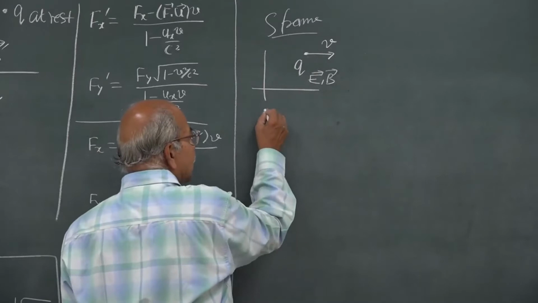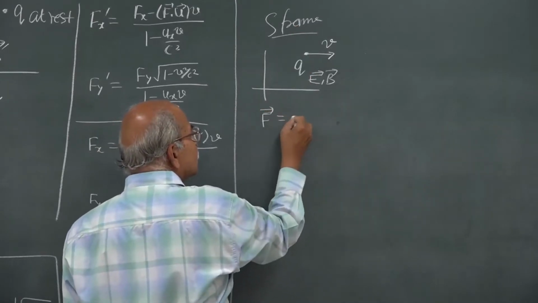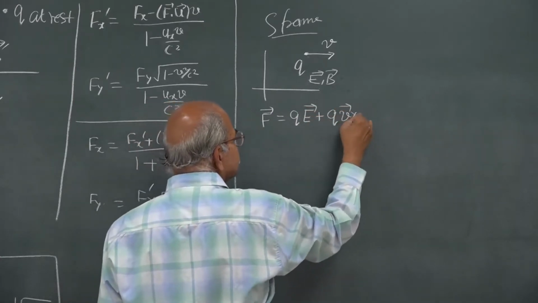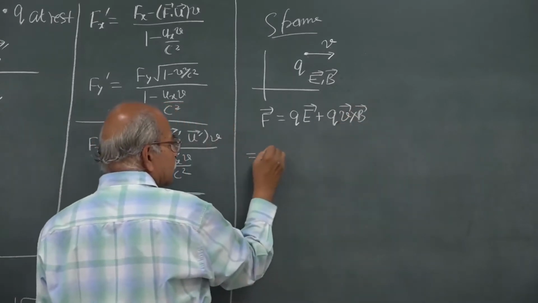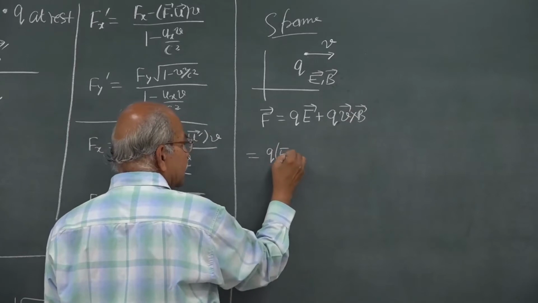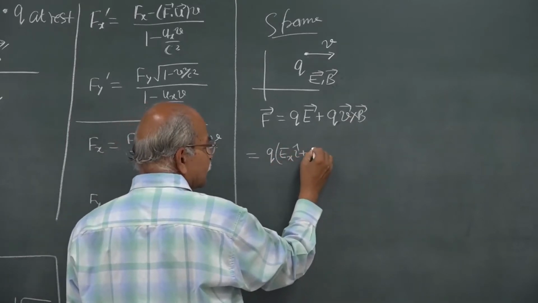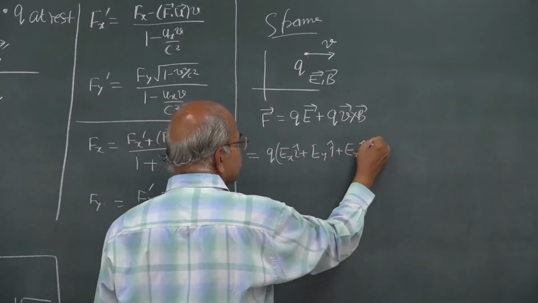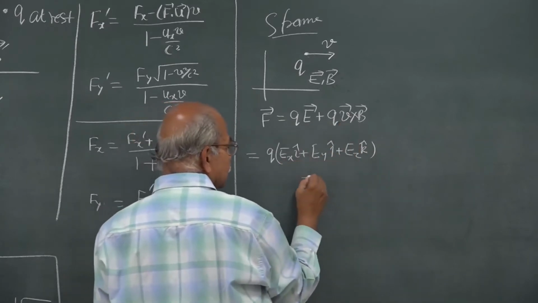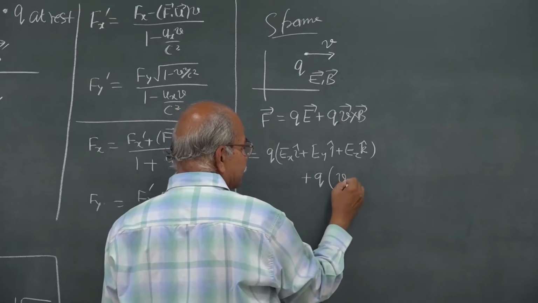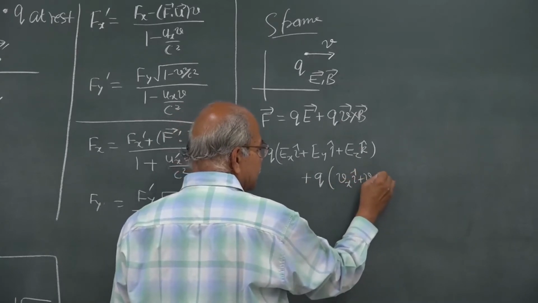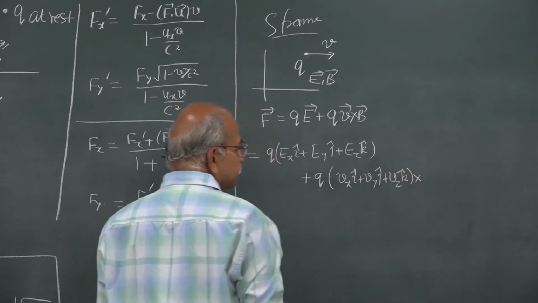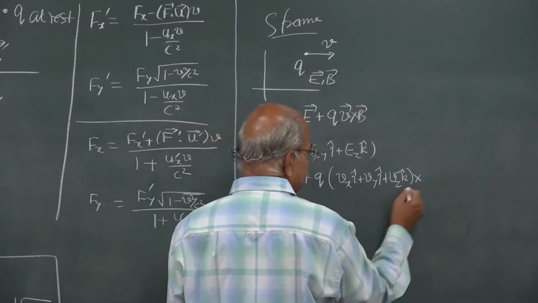So, F as seen from S frame will be qE plus q v cross B. So, this is q times (Ex i cap plus Ey j cap plus Ez k cap), then plus q times (Vx i cap plus Vy j cap plus Vz k cap), and then cross product with B. So, what is B then?